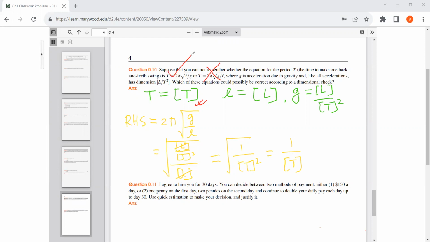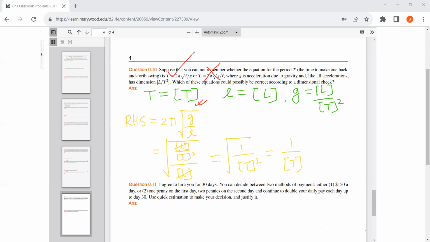Here you see how dimensional analysis can help us check whether an equation is correct or not, and how it helps us determine the dimension and unit of unknown quantities. With this, I am going to stop for this lecture.